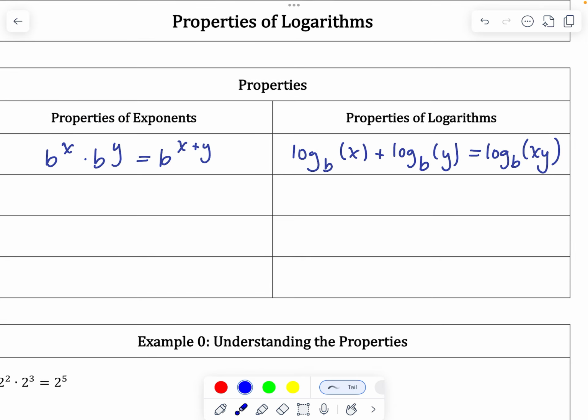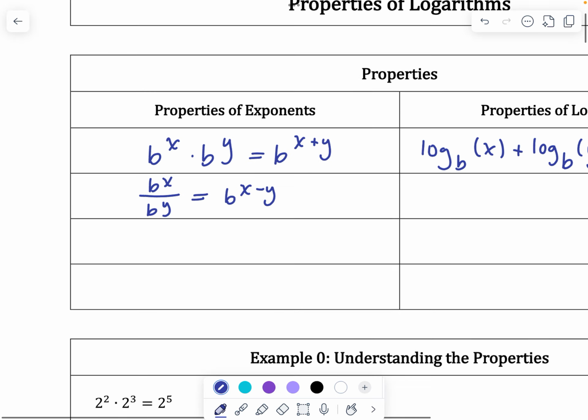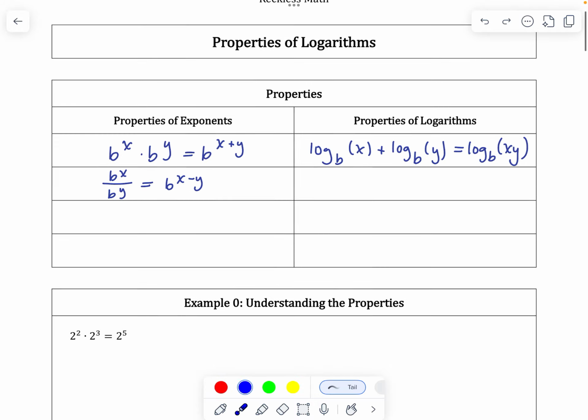So very similar here. We also have that if we divide 2 exponential expressions, we would subtract the exponents, right? So division outside of the exponent corresponds to subtraction inside the exponents. Same idea here.